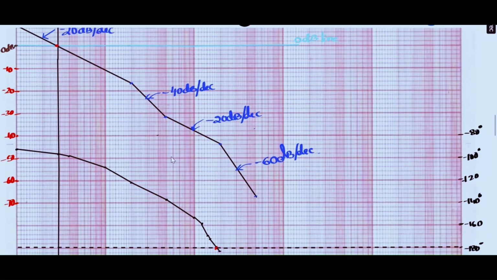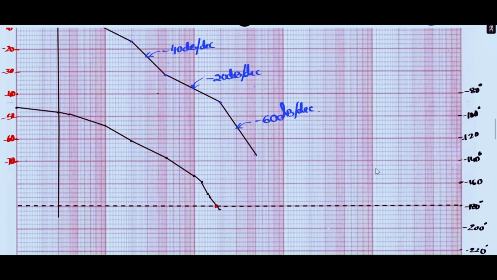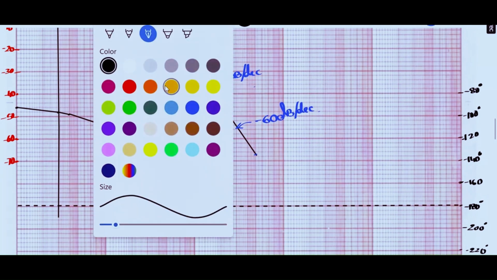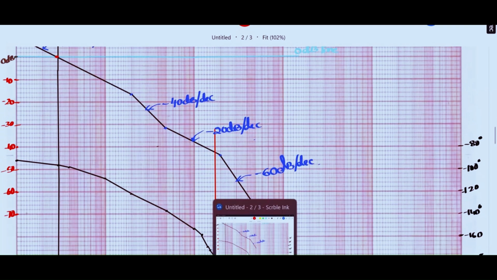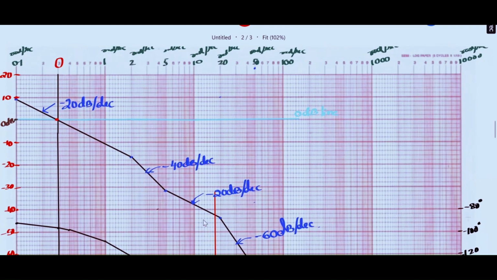Similarly, I'll go with the minus 180 degree line and plot a vertical line for that. So this is minus 180 degree. I will draw a vertical line straight like this. It will go further and it should also cross the frequency.